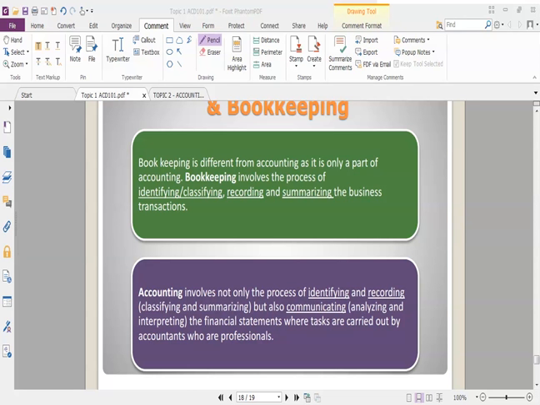A final analysis and interpretation is done by the chartered accountant, right? Yes, that is correct, the chartered accountant. So the accountant executive in the company will prepare the financial statement, and then it will be approved or authorized by the chartered accountant.